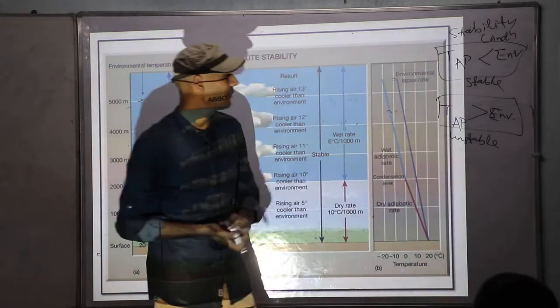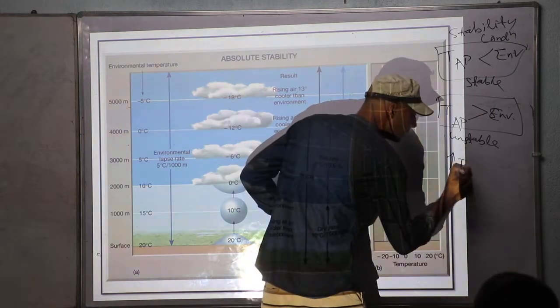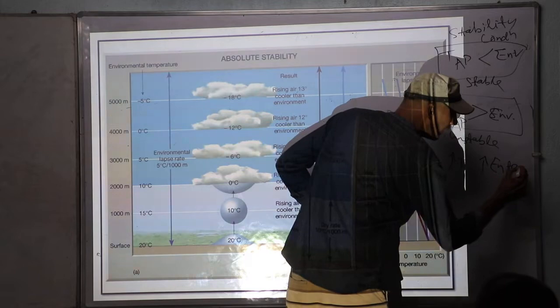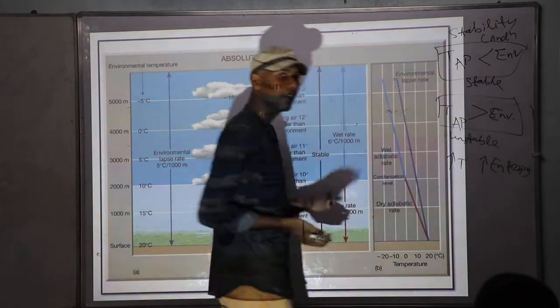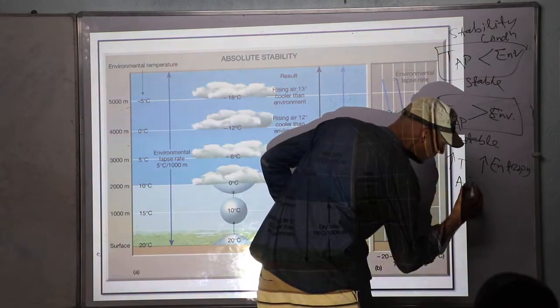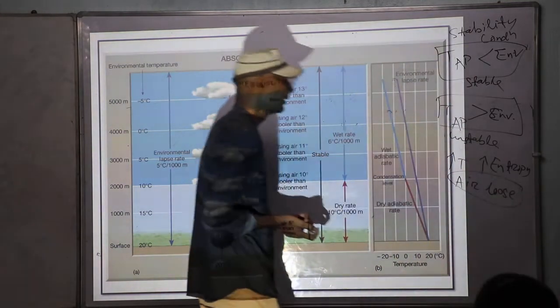Because when the air parcel has greater temperature, there is increase in entropy. So what happens? The air will become loose as compared to its surrounding.